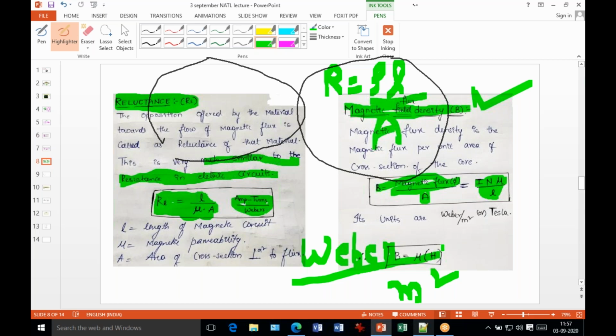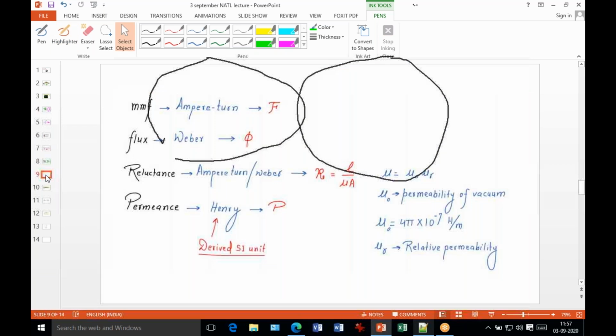So I think you understand some terms: what is MMF, what is the reluctance, and what is the magnetic flux density. The MMF unit is ampere turn. Flux is denoted by phi, and the phi unit is Weber.